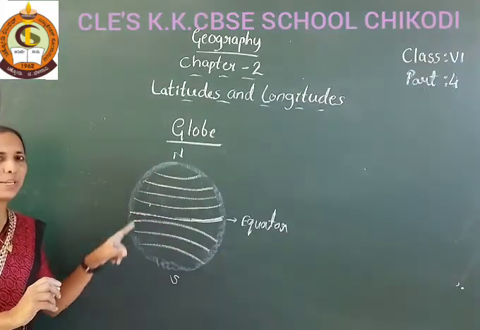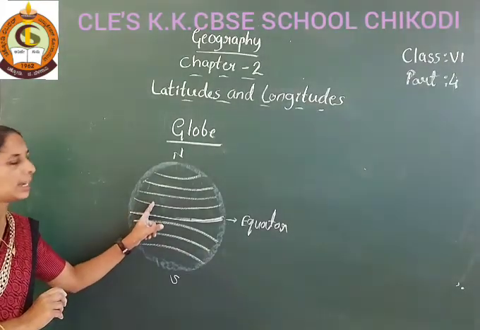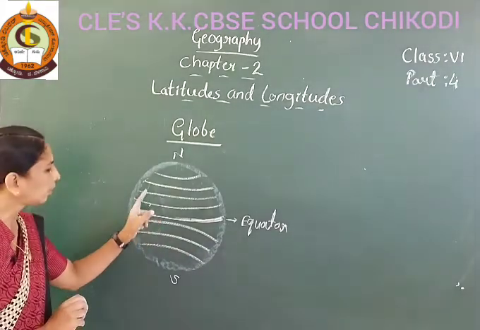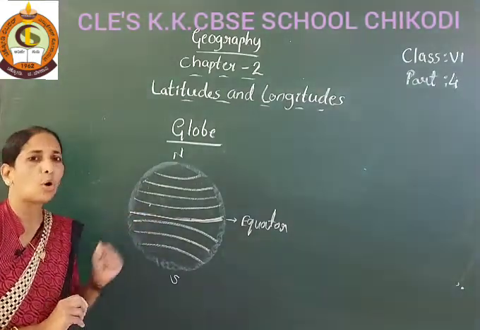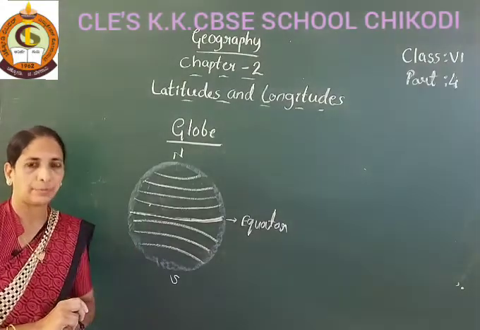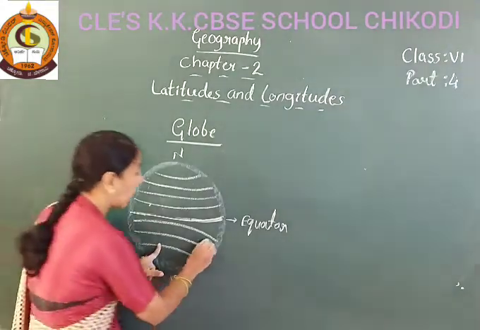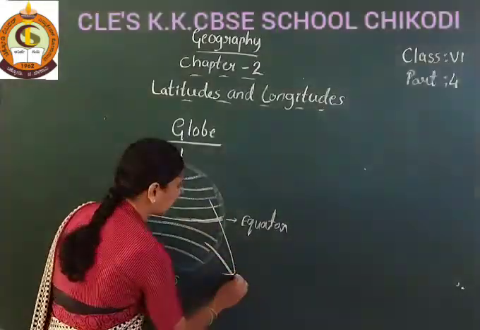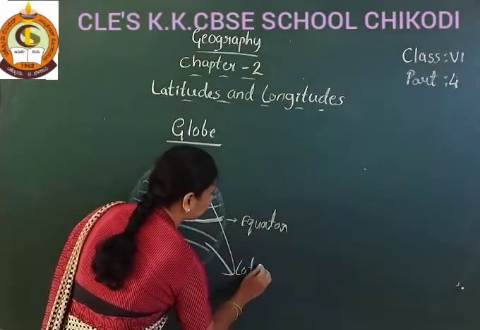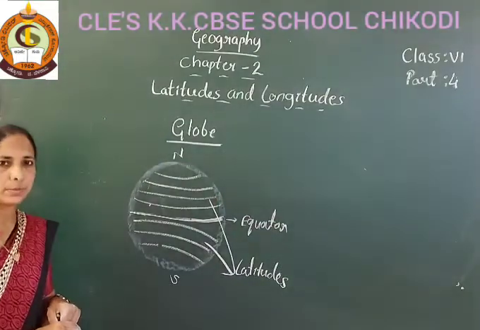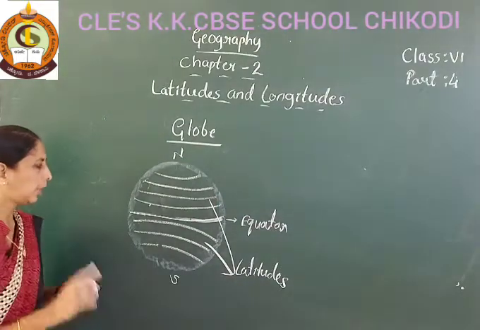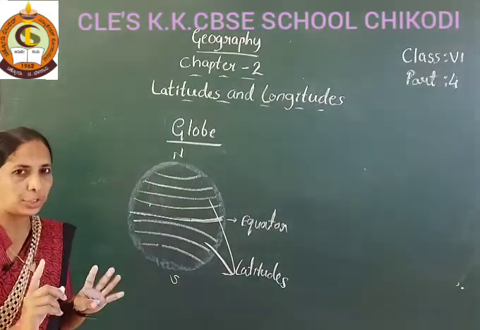In the northern hemisphere, lines are present here, and in the southern hemisphere also, horizontal lines are located here. These lines we call latitudes. Understood clearly? What is latitude?